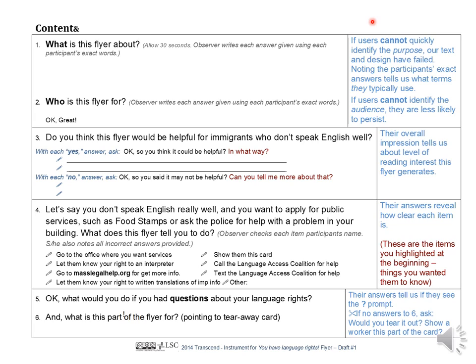But you need food stamps, or you need to talk to the police because there's a problem in your building. Okay, let's look at this flyer. What does this flyer tell you to do? So by setting up a situation like that, you force them to read the information on the page and see if they can actually find what the answers to that very likely situation that they might face.